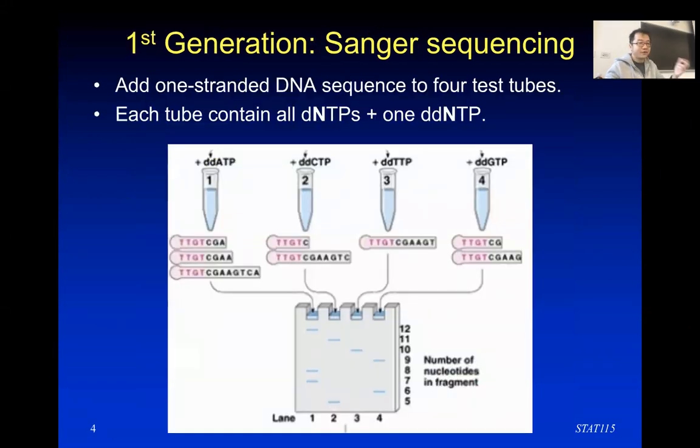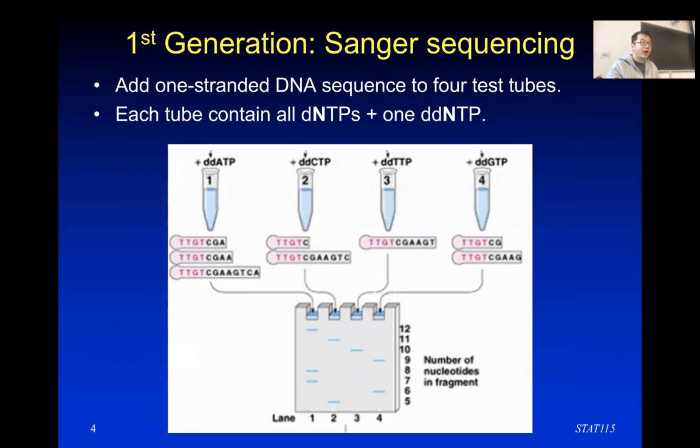So let's review the history. This is the first generation sequencing, called standard sequencing. We first split the molecule of DNA strands into 4 tubes, and each tube has all the deoxynucleotide triphosphates, which are used to extend the strand, to synthesize the strand.